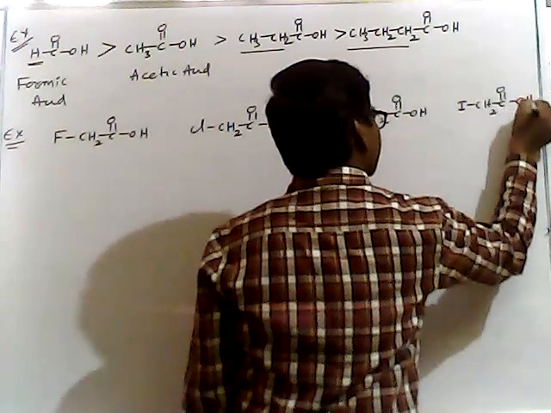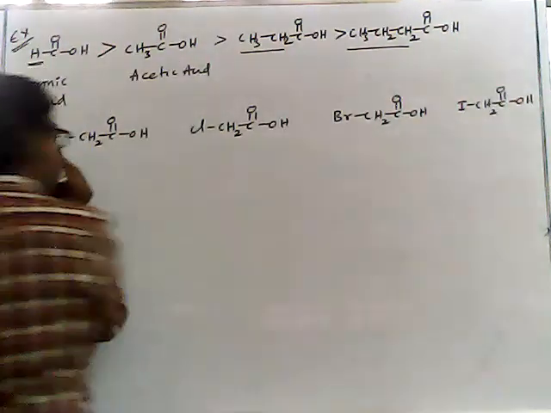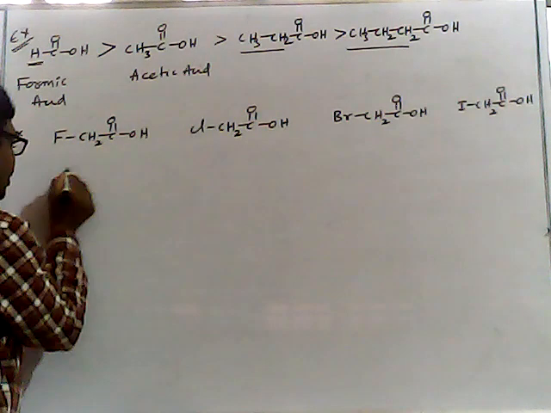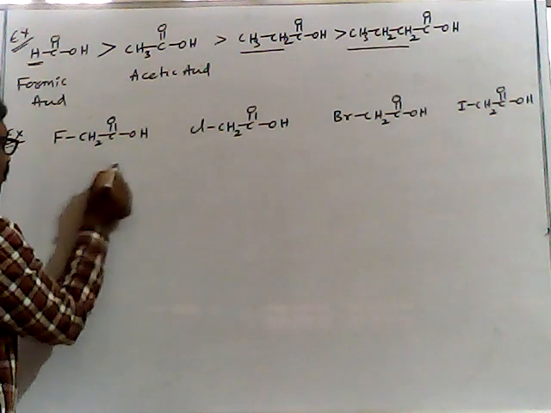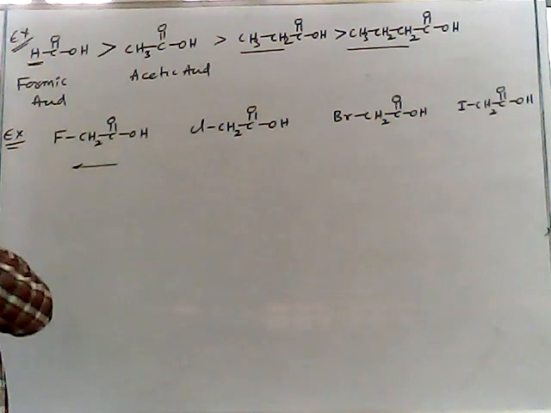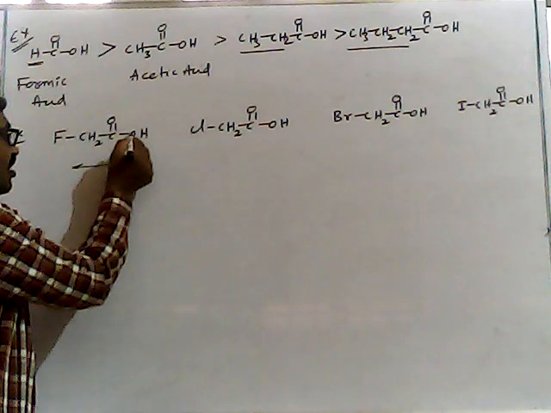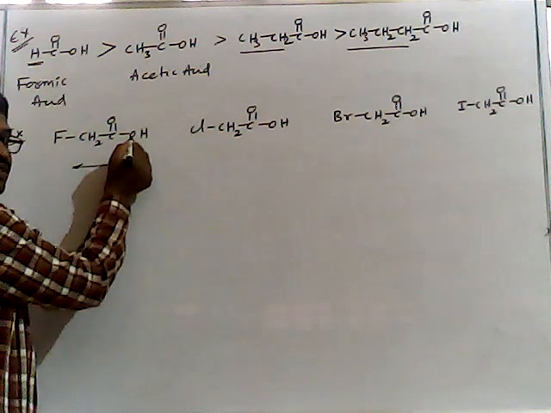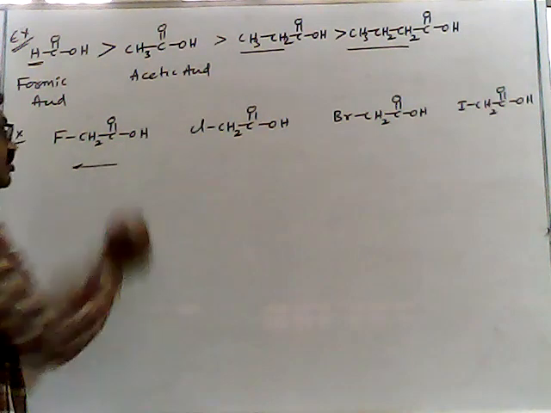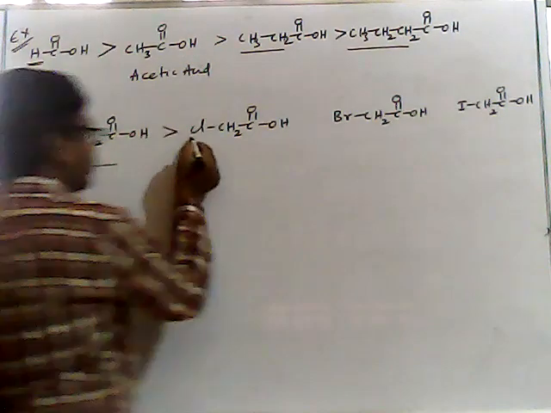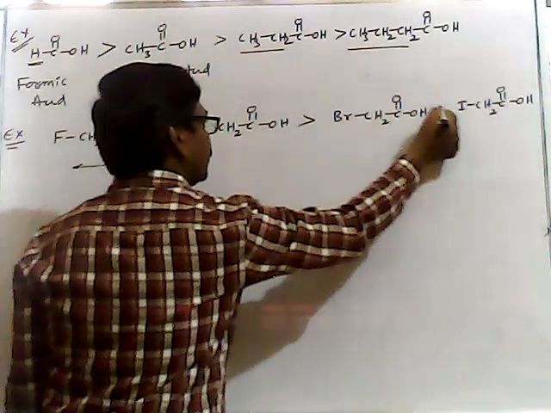See here, fluorine is the most electronegative atom, so there is more minus I effect, so more electrons are transferred toward the fluorine, so the electron density on oxygen decreases. Whenever the oxygen electron density decreases, it cannot hold hydrogen tightly, so it is easy to release, so this is the stronger acid. Similarly chlorine, bromine and iodine.